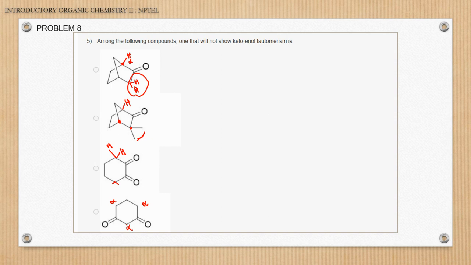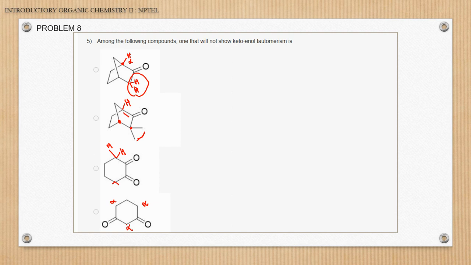The bicyclic system does not prefer the generation of the alkene at the carbonyl carbon center. So even though you have this alpha proton at this position, keto-enol tautomerism is not going to show up, because the double bond which is getting generated is highly unstable, and this will become a highly unstable molecule. So the molecule will not prefer to go to that state.